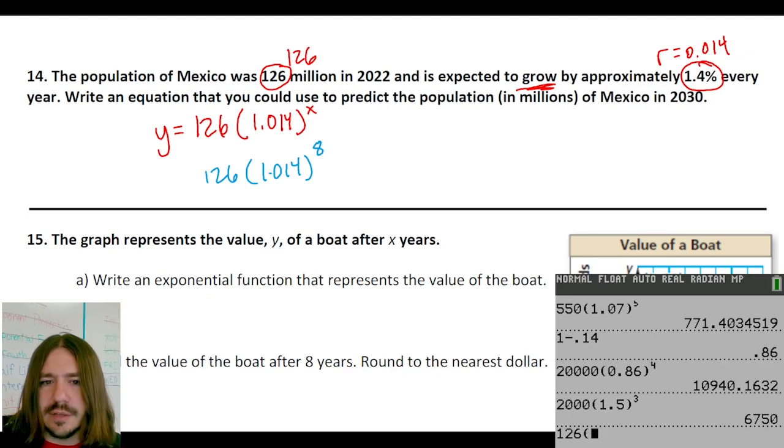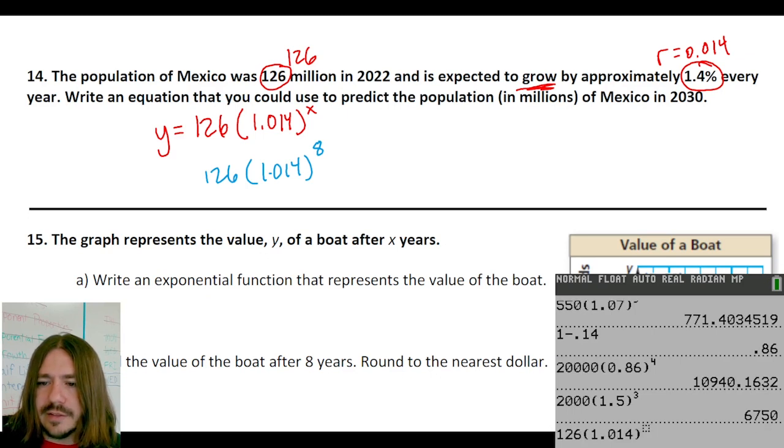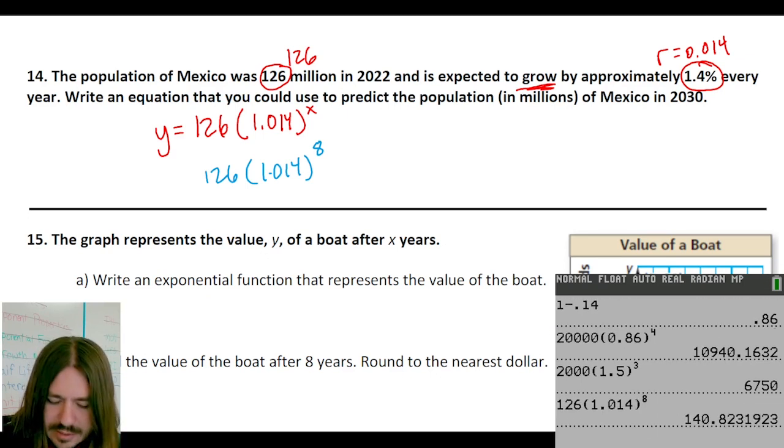This is a population question, so we're going to round to the nearest whole person. So we're going to say approximately 141 million people. That is a lot of people.